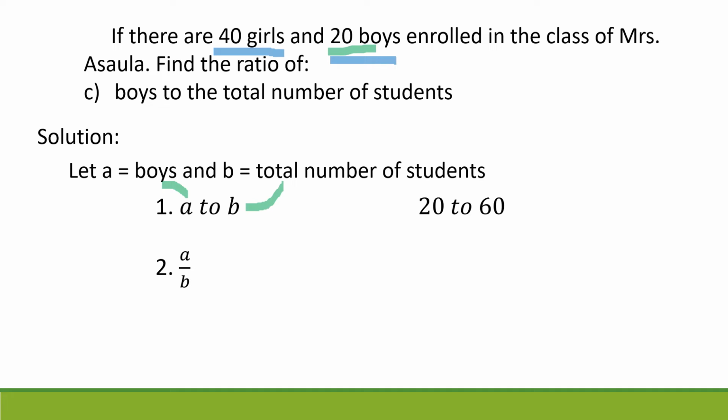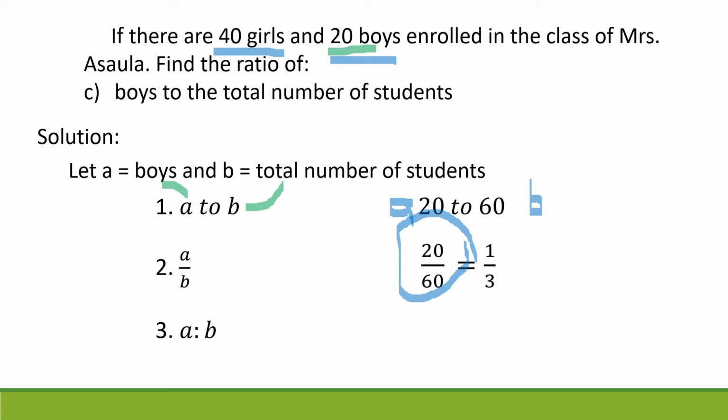For number 2, we have A over B. So, ang A natin ay 20. Ang B natin ay 60. So, meron tayong 20 over 60. I-simplify muli. And that is 1/3.